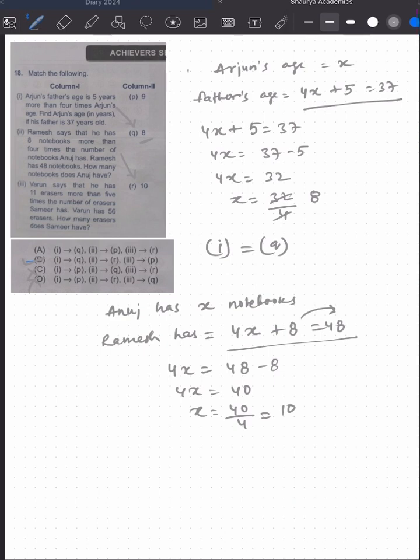So this was 1, this was 2. In the exam, you can avoid doing this. I'm doing this to explain the equation to you. Varun says that he has 11 erasers more than 5 times the number of erasers Samir has. Varun has 56 erasers. How many erasers does Samir have? So let's say Samir has X erasers.